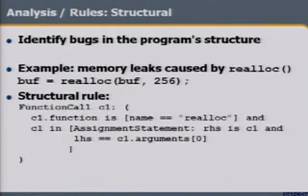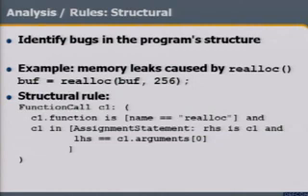Going a little more complex, you can talk about structures of the program beyond a single function call. You can start talking about a little broader scope. The line under the example there is a potential memory leak in the case where realloc fails. If realloc fails, it's going to return null. If you overwrite the reference to that pointer, that hasn't been freed, now you've lost the ability to free that memory.